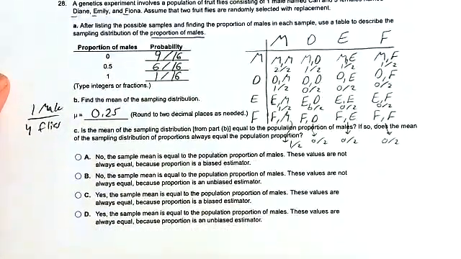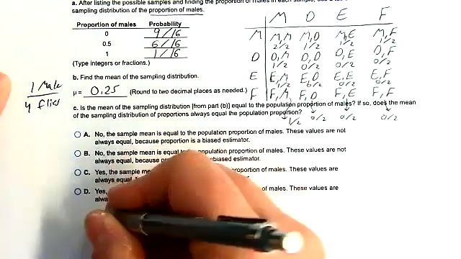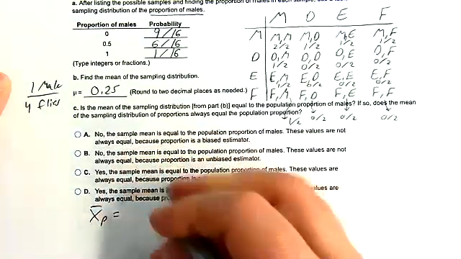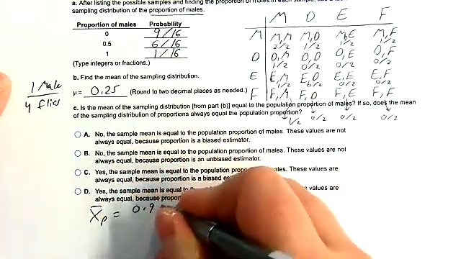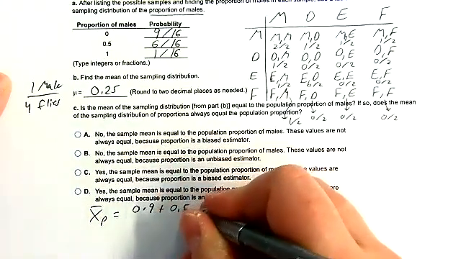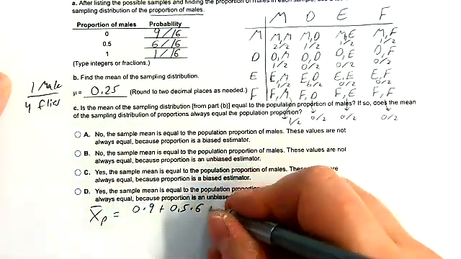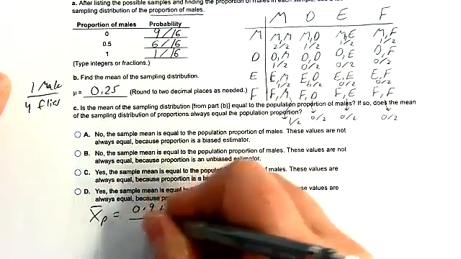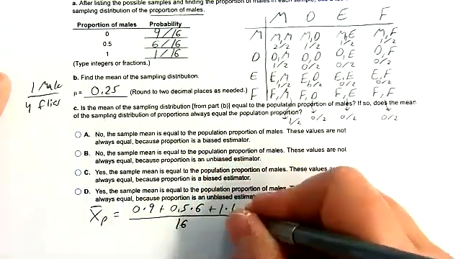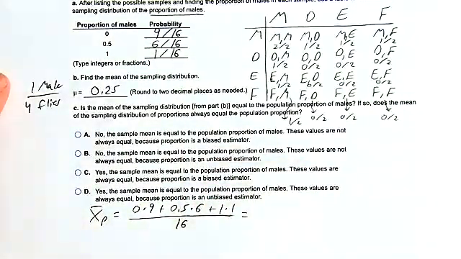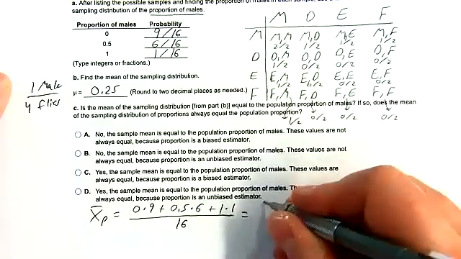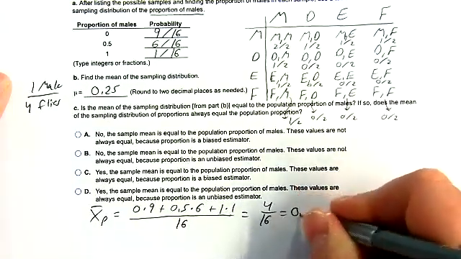So let's do that right down here. The mean of the sampling proportions would be 0 times 9 plus 0.5 times 6 plus 1 times 1, all divided by 16. 0 is going to kill this 9. Half of 6 is 3 plus 1. This would be 4 over 16. This is 0.25.